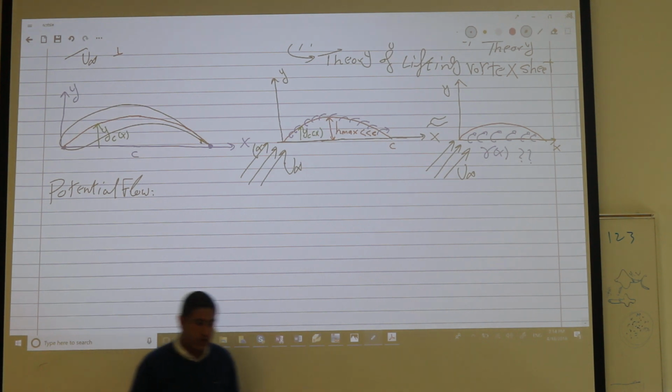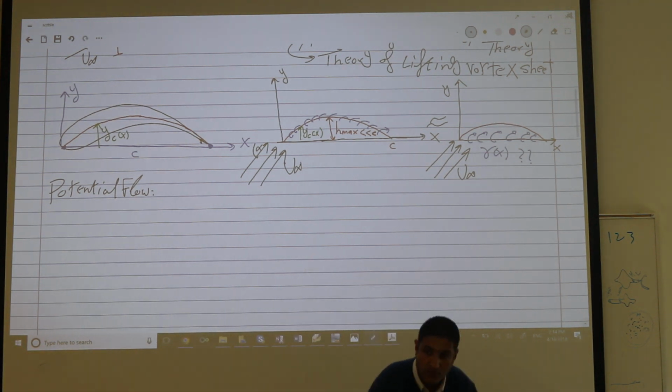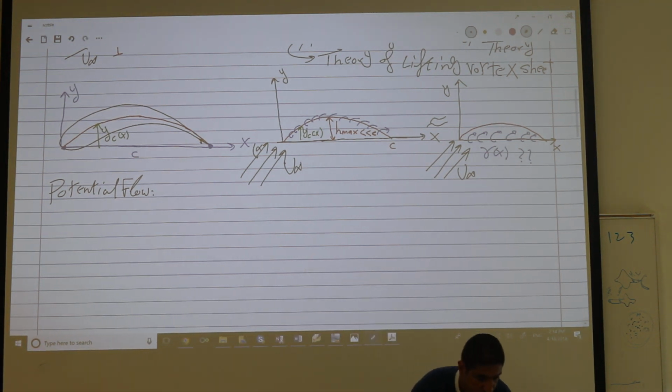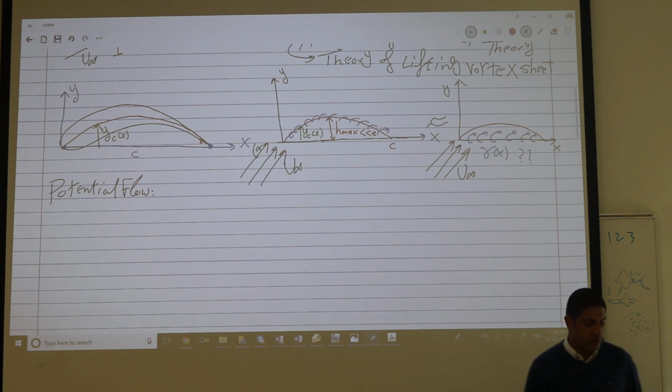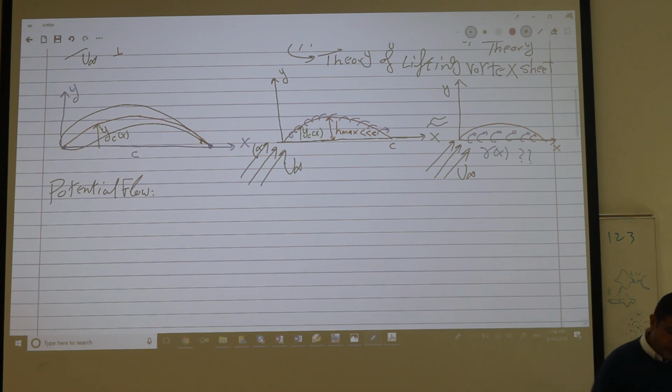Any potential flow, what's the governing equation? This is why we're doing the review. You have seen potential flow before, and this information is essential to be fresh and vivid.